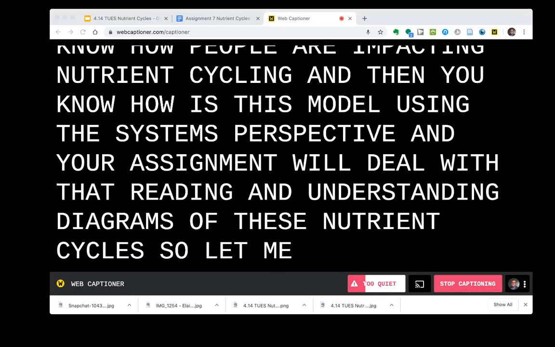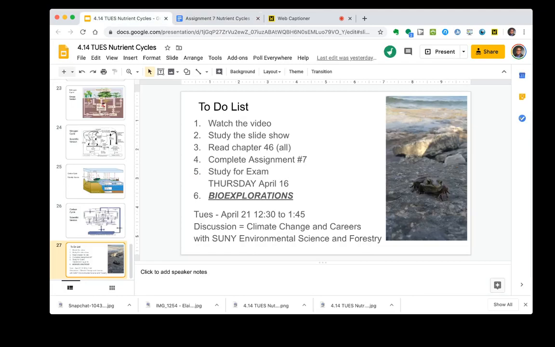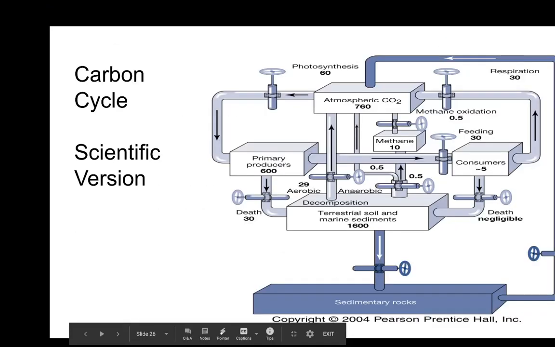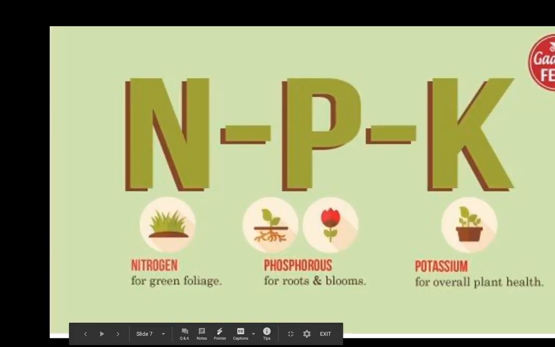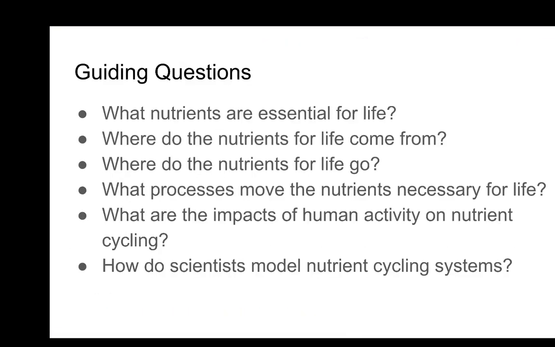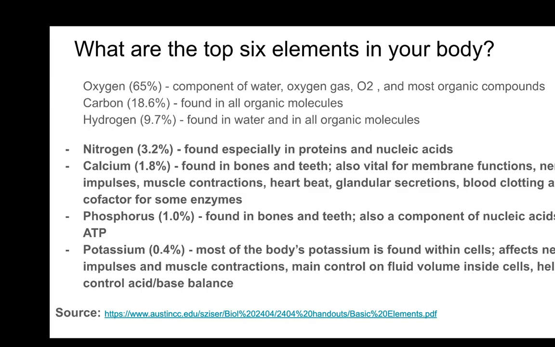So first of all, the idea of nutrients is kind of complex, but we're going to start with just thinking about the elements that are within our body and that make up all living things, right? So most of what living things are is carbon, oxygen, and hydrogen, right?